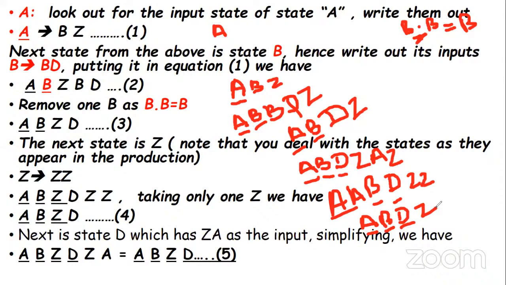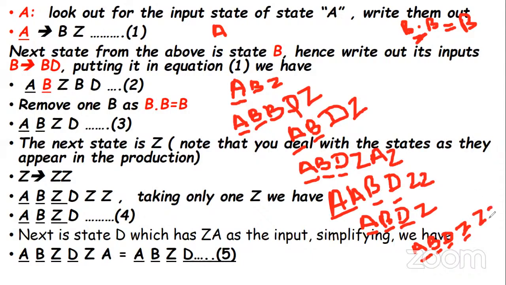Z. So the next one to be processed is what? Z. A, B, D, all these are processed. Then Z is being processed. What is the input for Z?